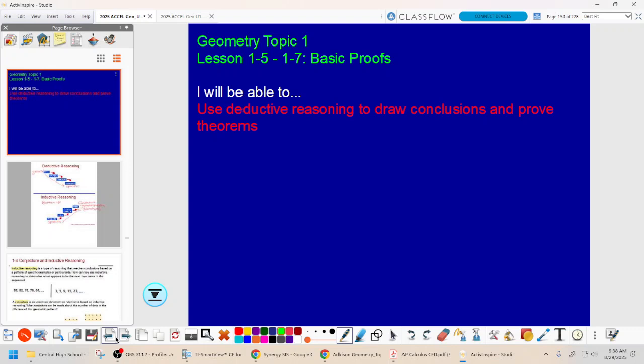Does that make sense? Do you guys do this in your literacy classes where you have to construct some kind of a convincing proof of something? You ever done that? What's the name of it in ELA? CER? Oh, claim, evidence, and reasoning. Yes, you're right. That is actually what it is.